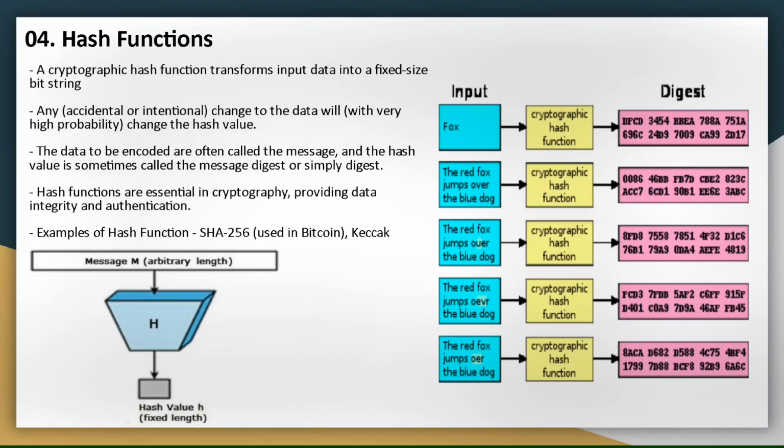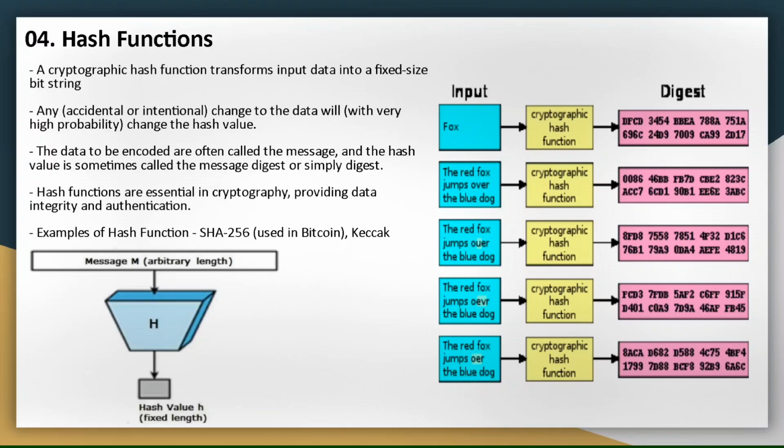Hash functions essentially provide integrity and authenticity in cryptography. How is integrity maintained? For example, as you can see in the image, if I give the input data as false to a cryptographic hash function, it outputs the digest. Now another input: the red fox jumps over the blue dog. I give this input to the cryptographic hash function and it generates the hash digest for me.